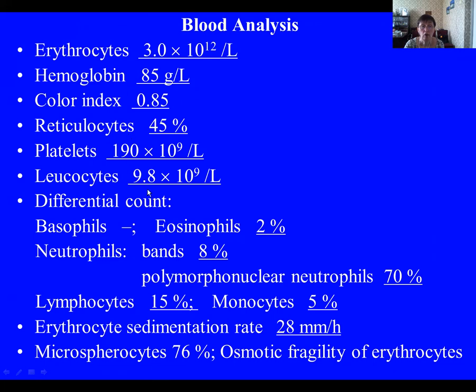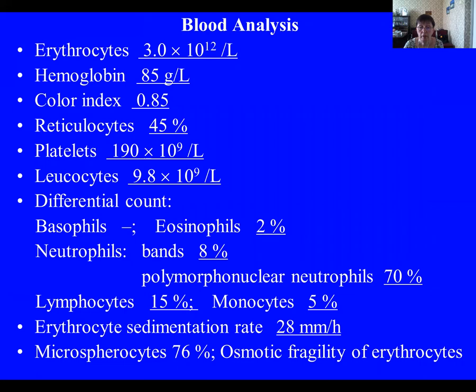And we also can see slightly increased leukocytes with the shift to the left in the differential count. The amount of bands is increased. These two may be the result of the reaction to the products of hemolysis. And we see a high erythrocyte sedimentation rate once more.